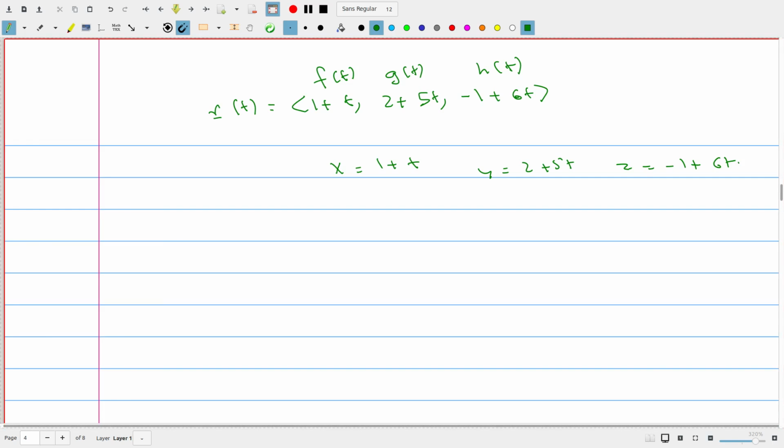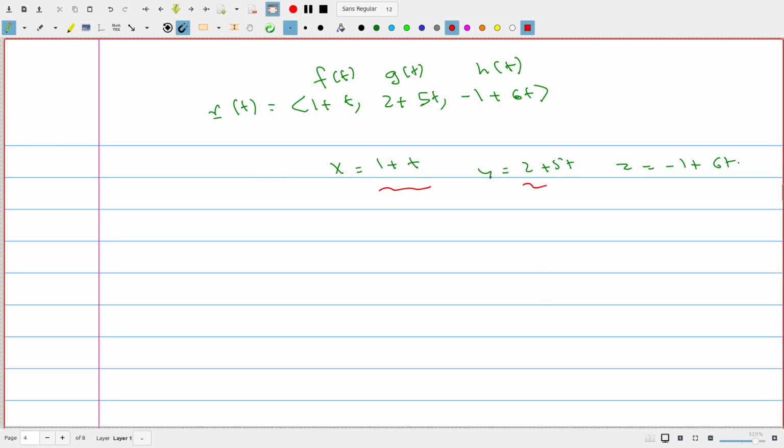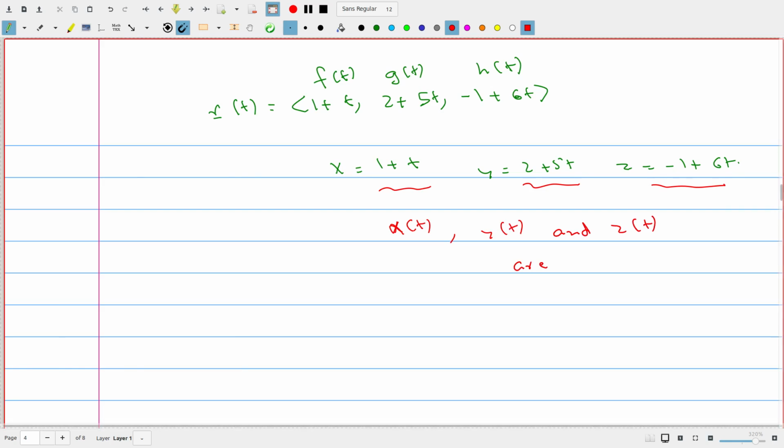Now, what does this give me? Notice that every one of these functions, x(t), y(t), and z(t), are linear.